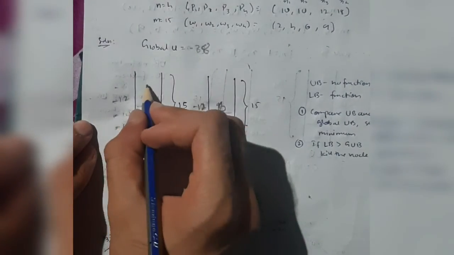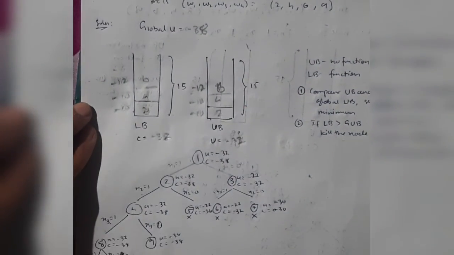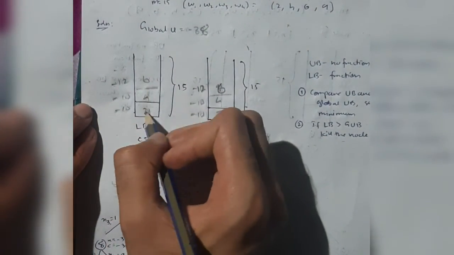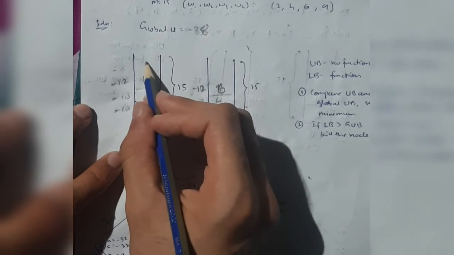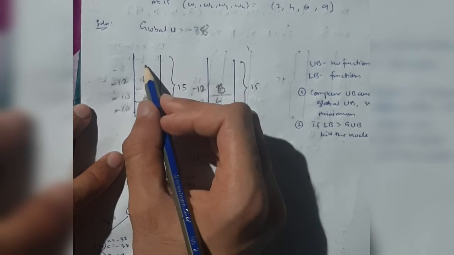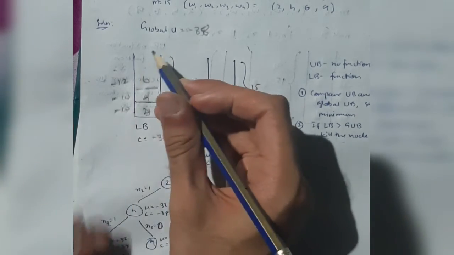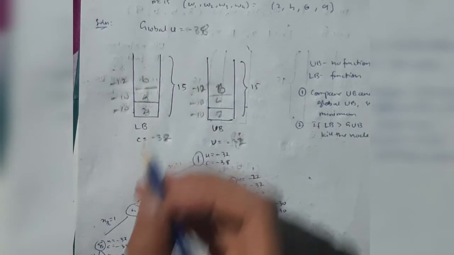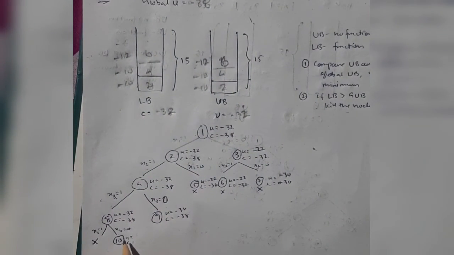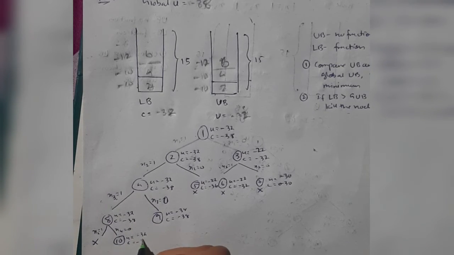I still have space left here because the total sum here is 12 and I have space left as 3, but I have to not include the last object. Even a fraction of it should not be included. So I'll be keeping this space empty here, and I'll be getting the answer as minus 32 and minus 32. That I'll be noting down here, minus 32 and minus 32.